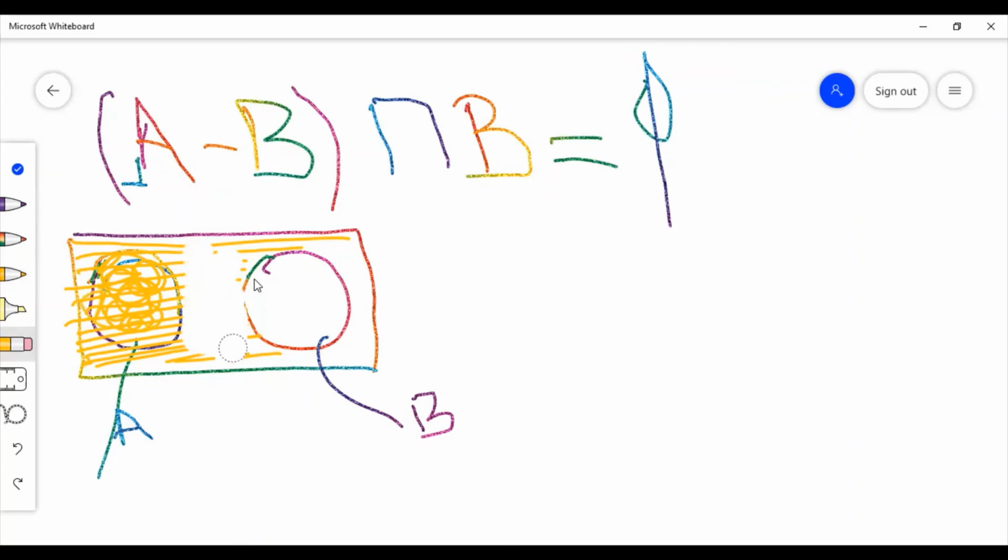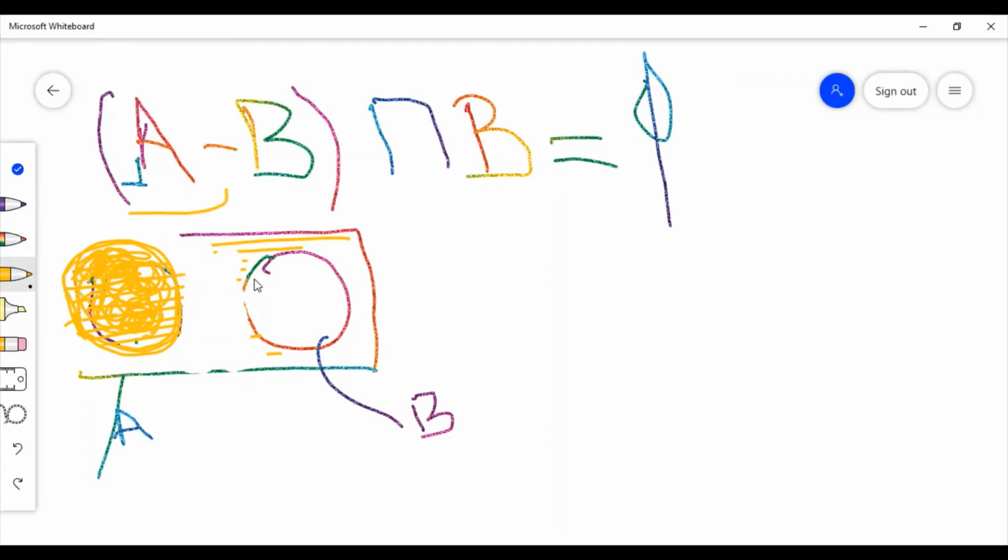This is not. So only this area is A minus B.